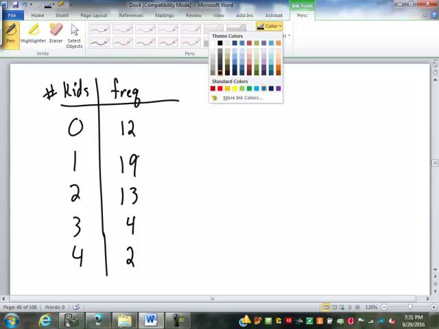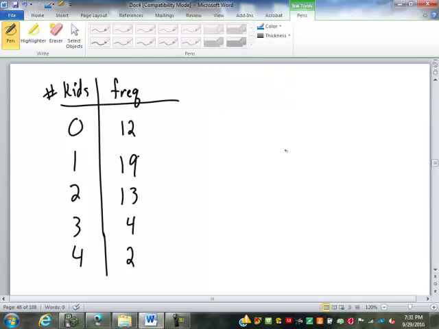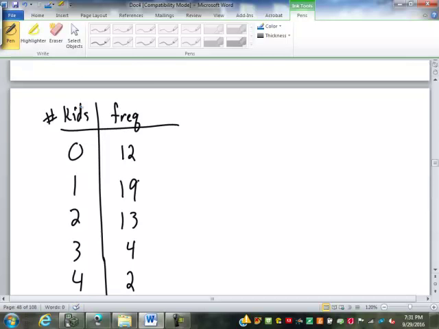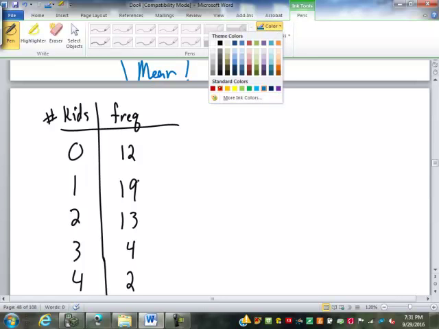To find the mean of this, we need to add them all up.